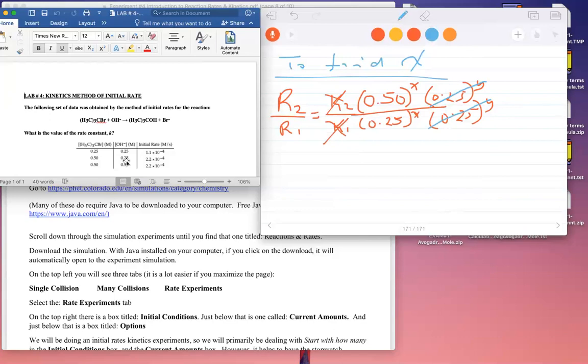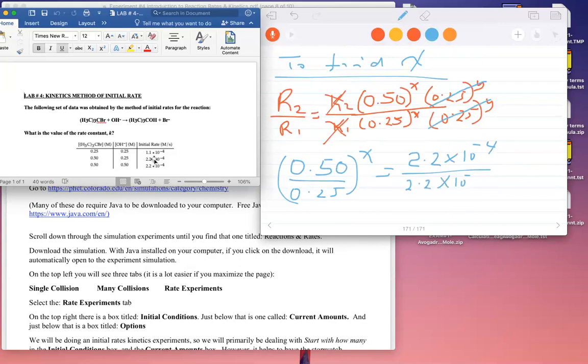What will remain is the concentration of reagent A, 0.50 over 0.25 raised to X, equals rate 2 over rate 1. I'm getting these values from here. Rate 2 is 2.2 times 10 raised to negative 4.